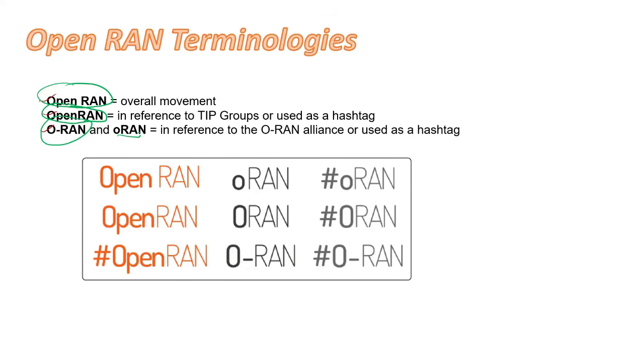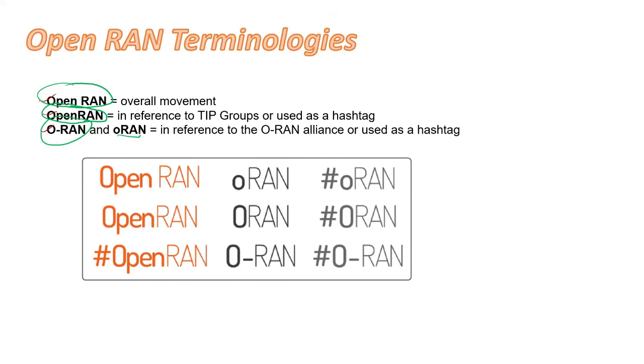O-RAN, with a hyphen, refers to the O-RAN Alliance. The O-RAN Alliance publishes new RAN specifications and releases open software for RAN. It supports its members in integration and testing of their implementations.